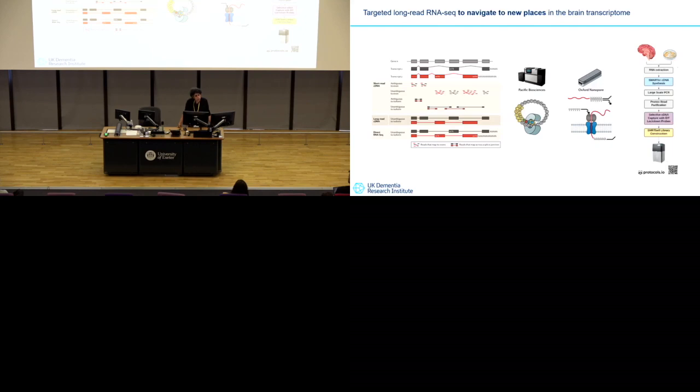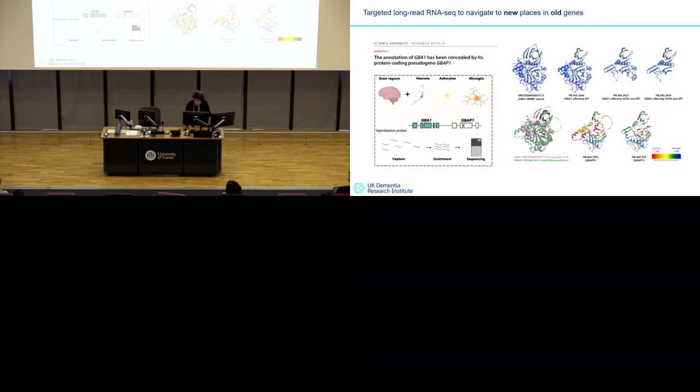So what we did was generate probes targeted to both exons and introns in the flanking regions of our genes of interest, or transcripts of interest, I should say, in order to capture transcripts without biasing it towards what we already know. So we've done that kind of work, and I'm just going to give you a couple of examples of where we've been able to navigate to new places within old genes.